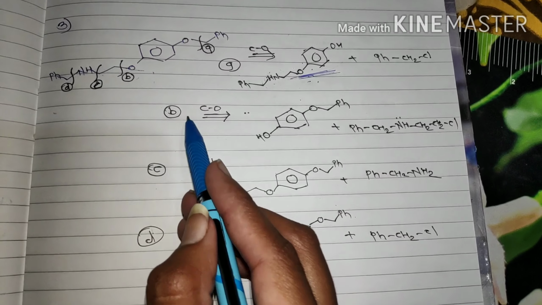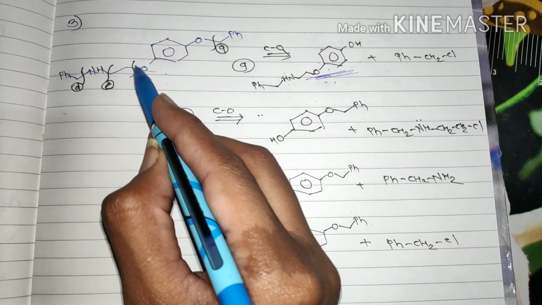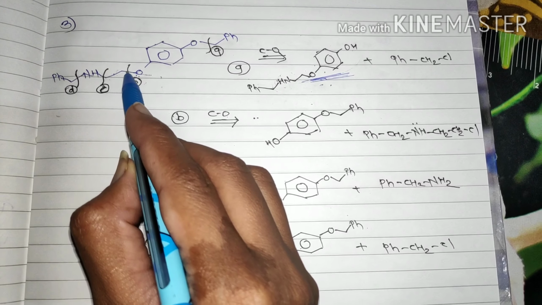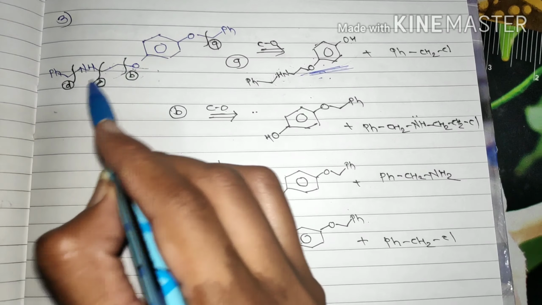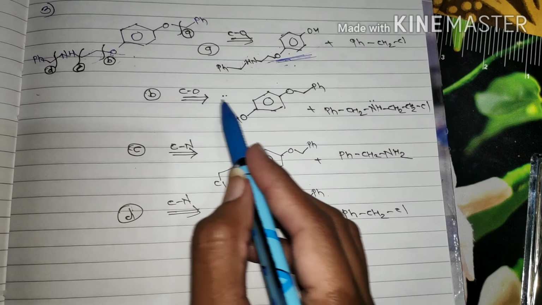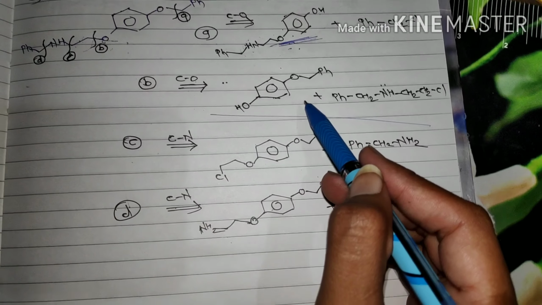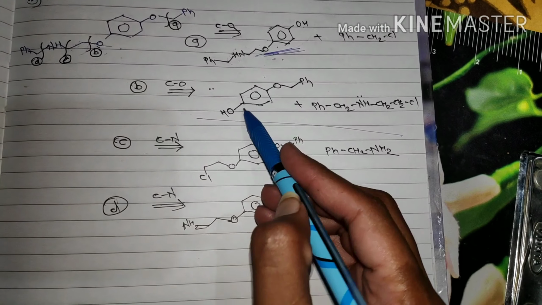The second route: in this route, the carbon oxygen bond is also present, so another route is to break this carbon oxygen bond. To break this bond, we use two reactants in this reaction.